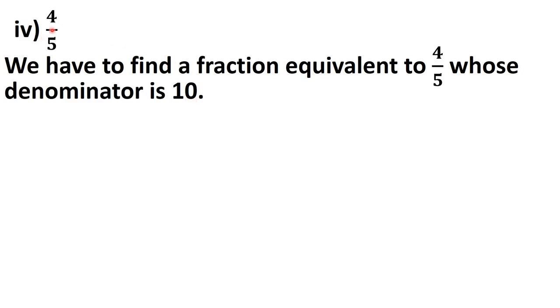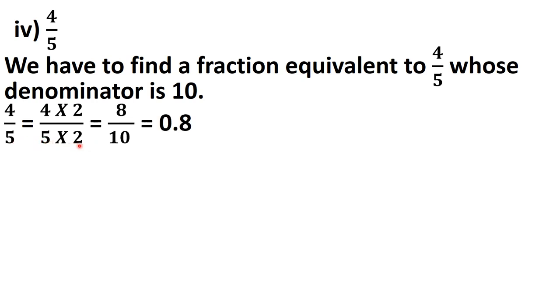This also we have done in the fraction chapter. How can we get denominator 10? By multiplying 5 by 2. And when we multiply the denominator by 2, we multiply the numerator also by 2. So it is 8 upon 10, and this can be written as 0.8.